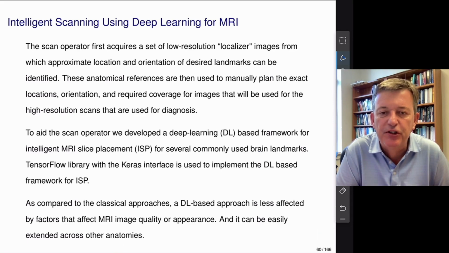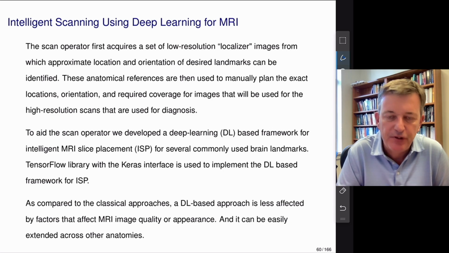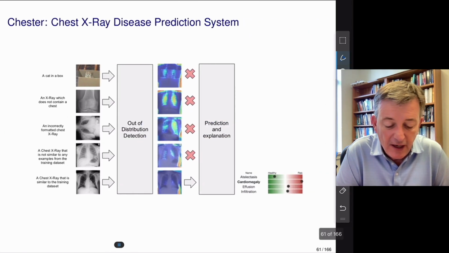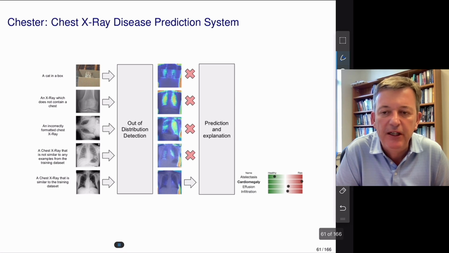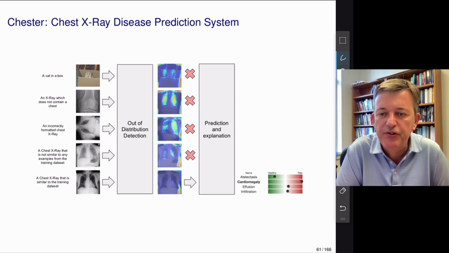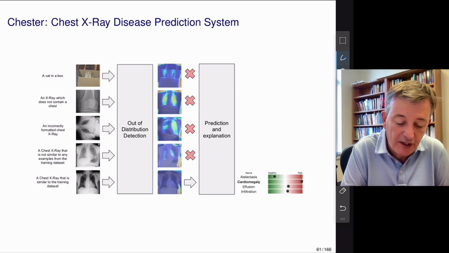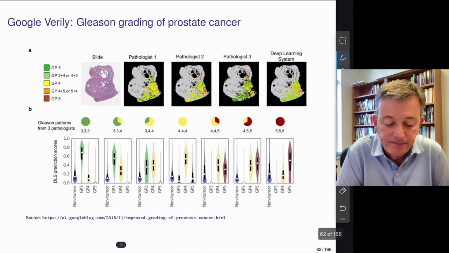And again, just back to MRIs and other such stuff, there's a whole bunch of applications there. I won't spend too much time on these, but again, you can see how these applications work together with humans trying to interpret the output too. There's something called Chester, looking at chest X-rays for lung cancer.